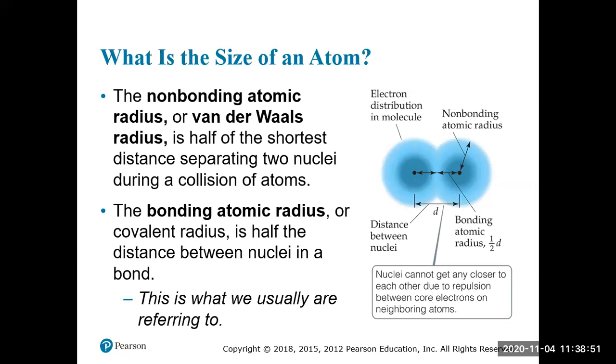But as they get closer together, the core electrons in the atoms kind of take over, and that's where we reach the limitation of how close things can be. Because remember, we talked about how there's an electron repulsion going on in addition to that attraction to the positively charged nucleus.